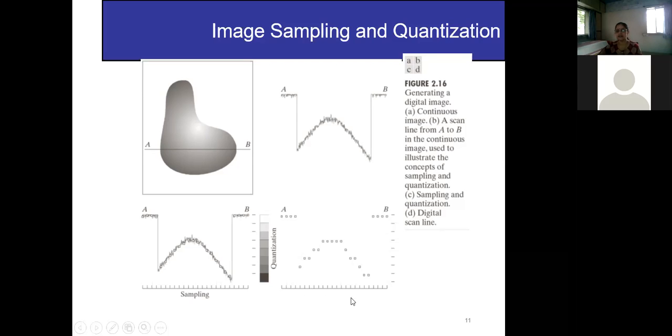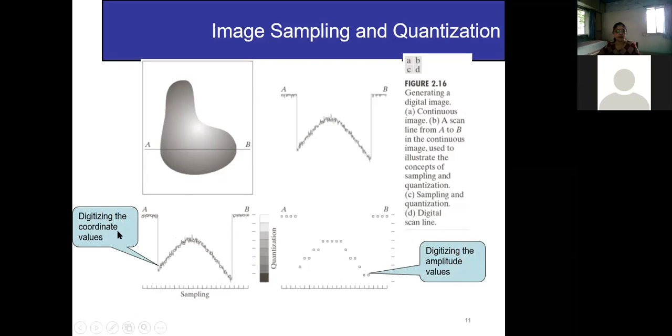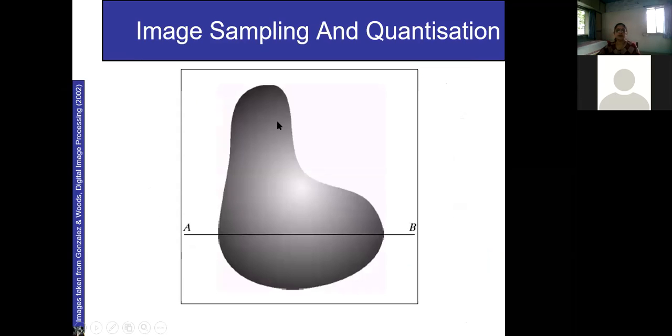So like this x-axis sampling, we can also have sampling on the y-axis, and in that case we can represent the sampling in terms of a grid. So digitizing the x coordinate and y coordinate values means sampling, and digitizing the amplitude values means quantization.